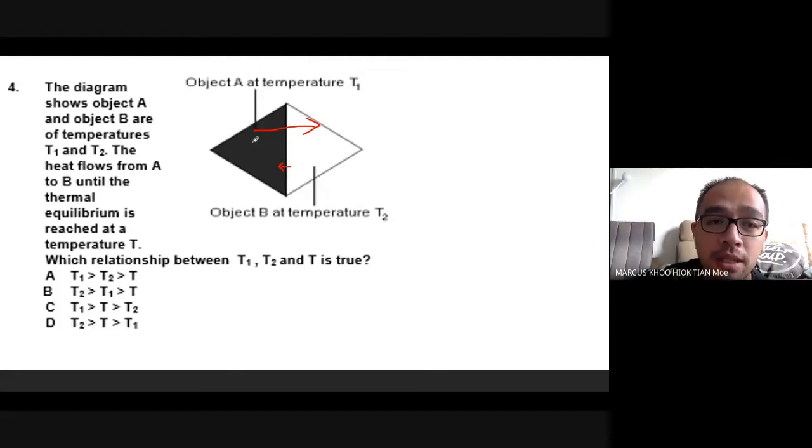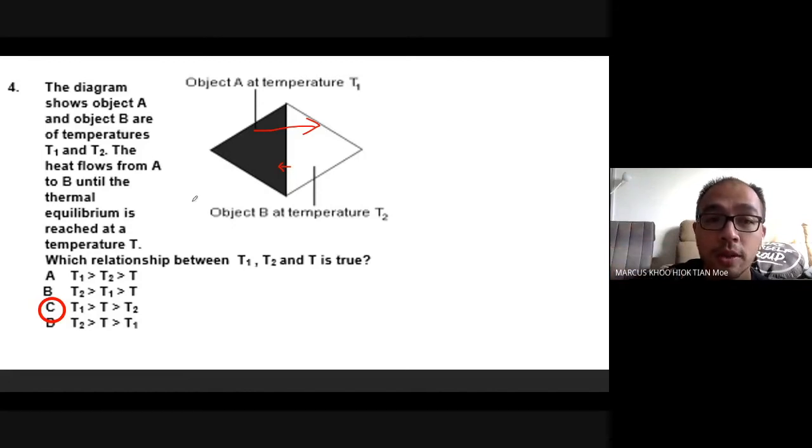Or that means this T1 is higher than, what am I saying? Sorry, the answer is actually C. T1 is more than T, correct? Because this is the hottest object. It becomes cooler. Whereas T2 is actually the coldest object and it becomes hotter.